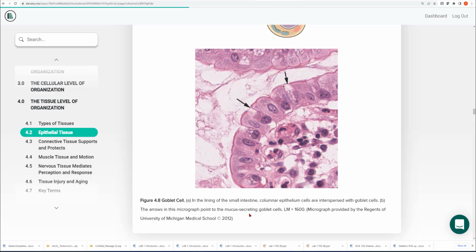You don't want a dry, creaky intestine, right? You want a moist intestine so that the food, as it's passing through, can slide through easily. And in the intestines we also have microvilli, which increase the surface area so that you can quickly absorb those nutrients as they pass through.